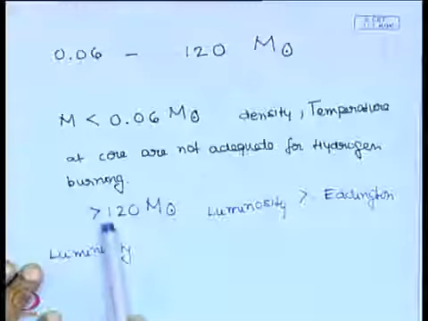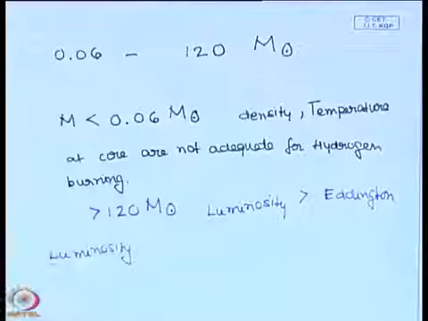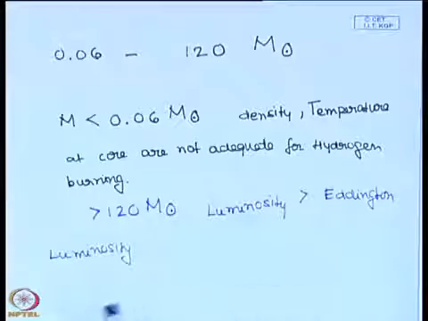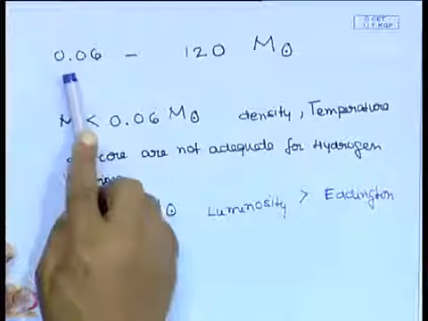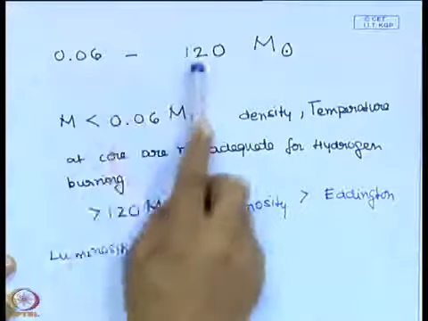So, if you solve those equations for a star of mass greater than this, the luminosity is so high that the outer layer of the star gets blown apart due to the radiation pressure, and you do not have a stable solution. Okay. So, you find solutions in this mass range.